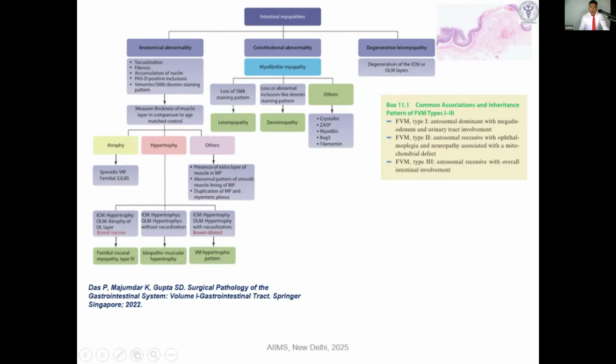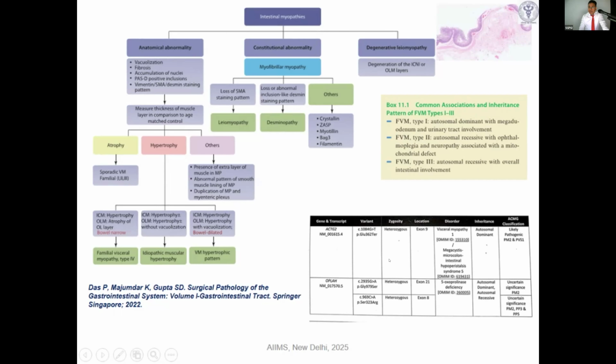So this is actually what we are seeing. This is an atrophic type of myopathy. There are three variants. The third variant is autosomal recessive and only intestinal involvement is usually seen. This patient did not have any other symptoms. The urinary bladder was absolutely normal.